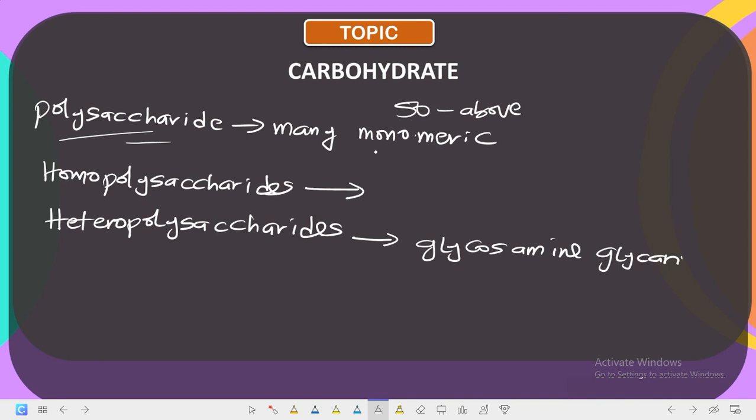Now, we said there are many monomeric units, like 50 and above, joined together to form the polysaccharide. Homo means the same, while hetero means what? Different.